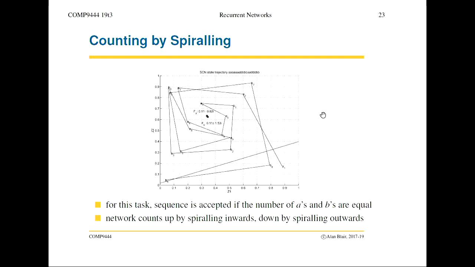Again, it's an interesting way of analyzing the dynamics. You can apply the same kind of analysis, find the fixed point and then linearize, but here the eigenvalues are actually complex numbers because it's a spiraling action.